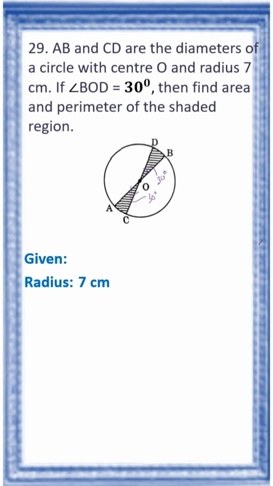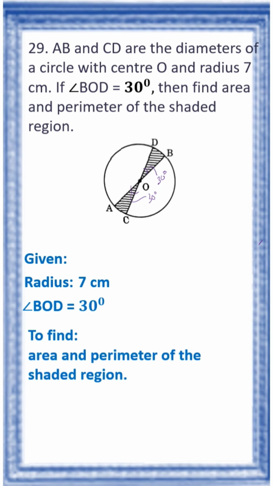What has been given? Radius is given 7 centimeter. Angle BOD, central angle, that is 30 degree. To find area and perimeter of the shaded region means we have to find the area of 2 sectors, sector BOD and sector AOC.